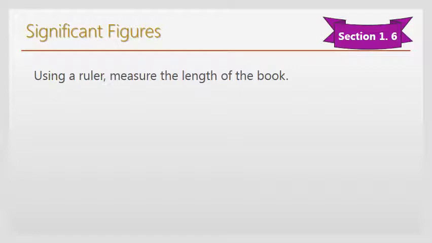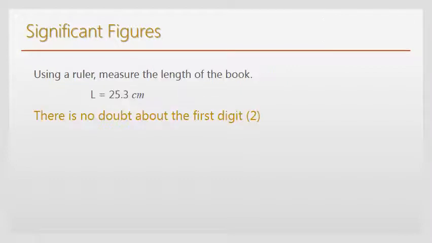Regarding significant figures, again using a ruler to measure the length of a book, it turns out that this book has a length of 25.3 centimeters. The question: how many figures here? We have 3 figures, 2, 5, and 3. Which of those figures are significant and which are not?